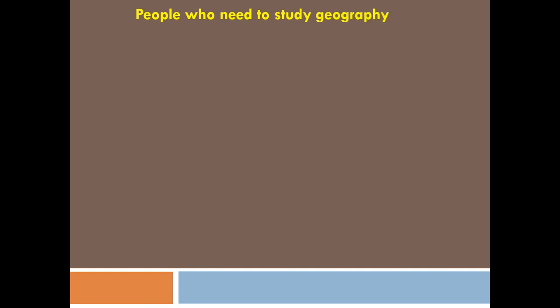And because of those different employment opportunities, we have a group of people. So when you study geography, you can become one of these people who need to study geography. The first category of people are the pilots and sailors. Why is geography important?